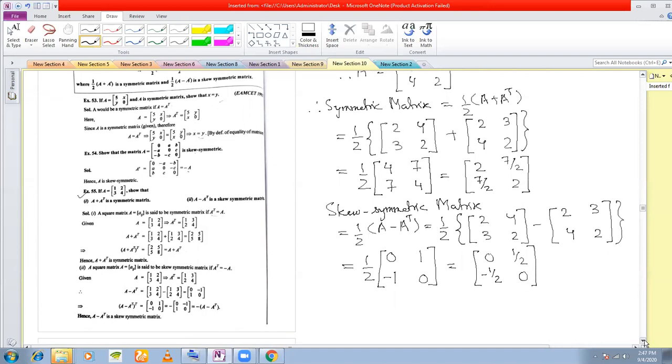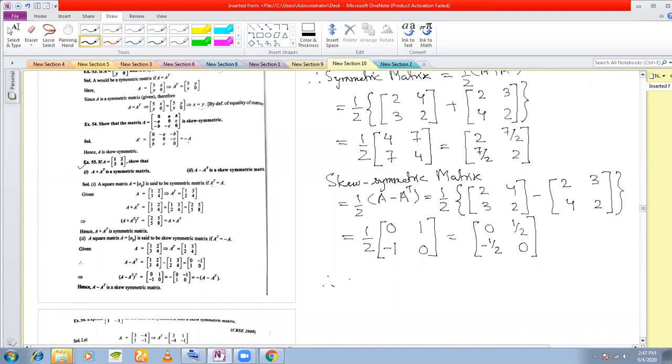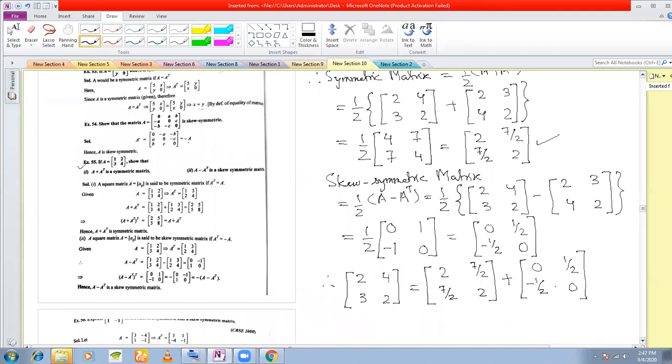So therefore, the given matrix A, 2, 4, 3, 2 can be expressed as a sum of this symmetric matrix 2, 7 by 2, 7 by 2, 2 plus 0, half, minus half, 0. Okay.